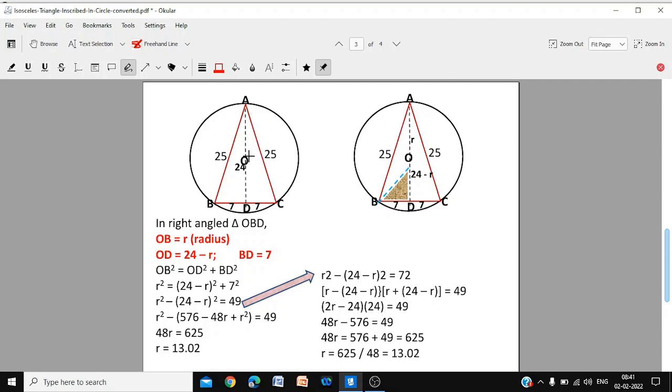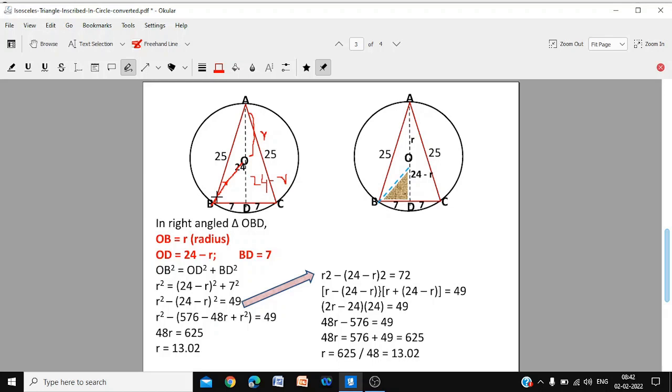So, if the total is 24, this part must be 24 minus R. And if we join OB, then OB will be equal to the radius. OB, a line joining the center and the circumference, will be the radius.